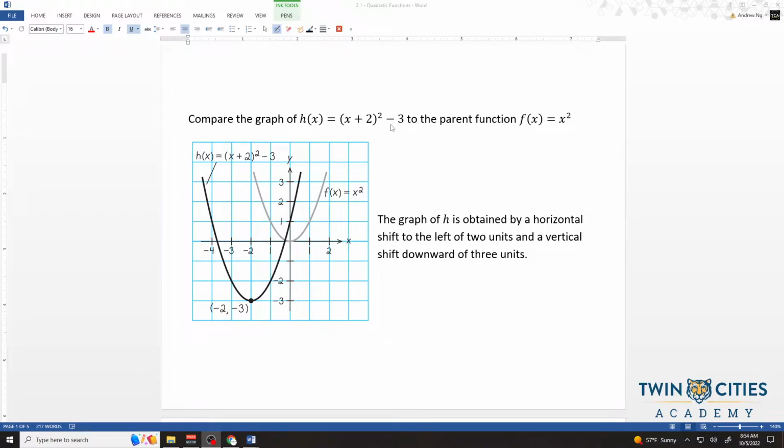Compared to h of x, where do we see this negative 2 and this negative 3 popping up? Well, I see a 2 here and I see a negative 3 here. So that means that these have something to do with how we graph this and where to put the vertex of our parabola.